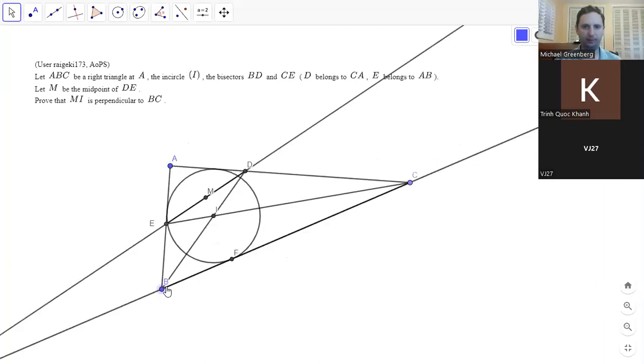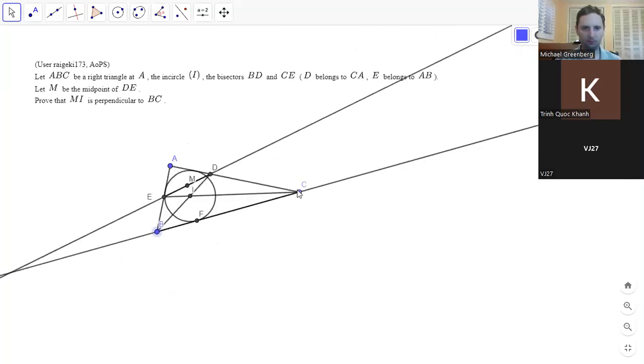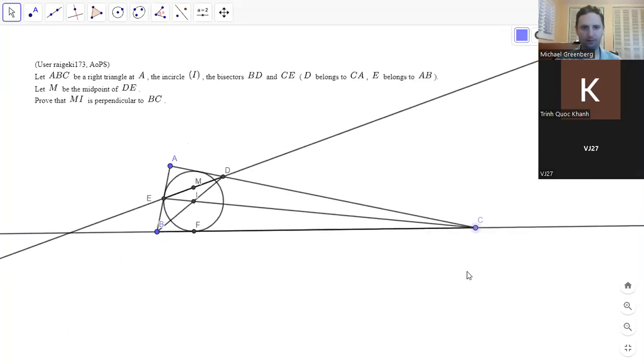Oh, this is a tricky diagram. Let's see. How should I draw this? Maybe something like that.